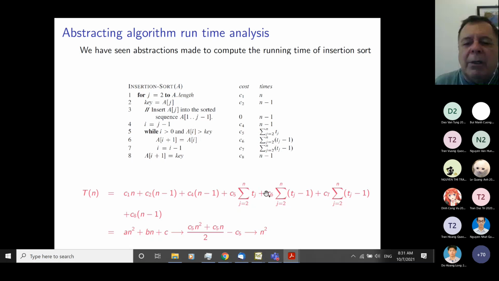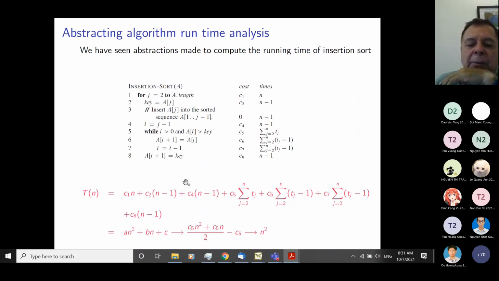And we came up with an expression like this one, which is the total number of operations that are executed. Notice that these basic operations are different from one another in terms of the implementation, in terms of the machine instructions, but we abstract this using some constant in front of the number of times each operation is executed.